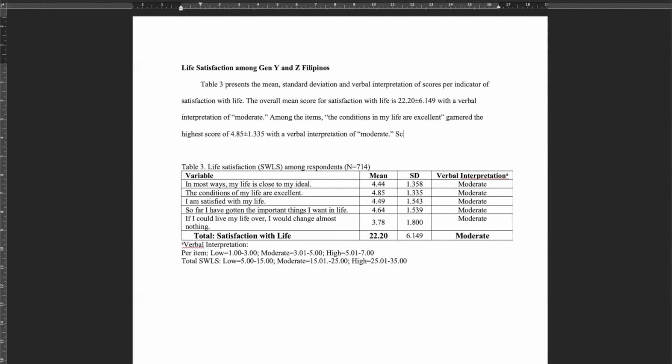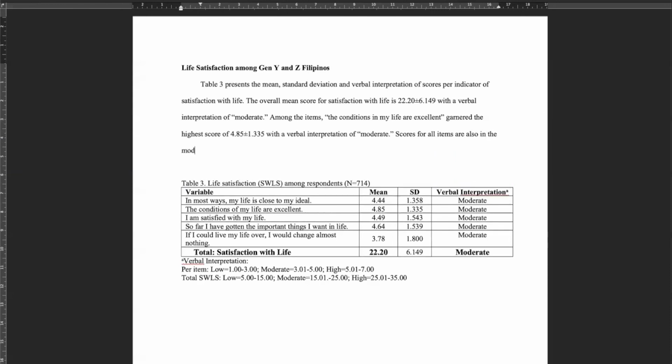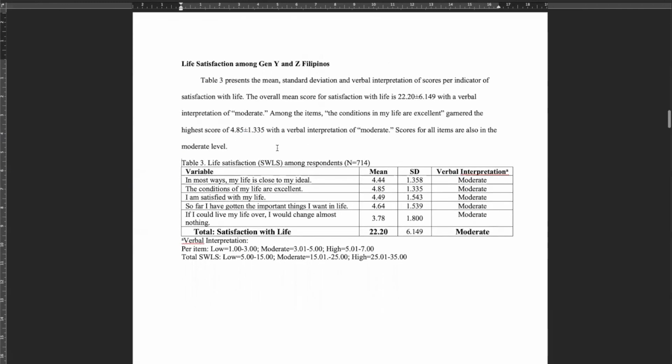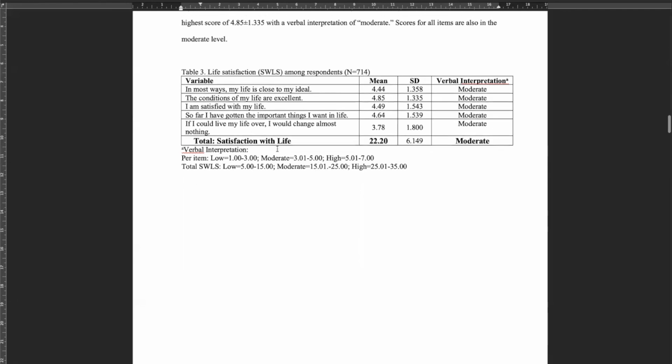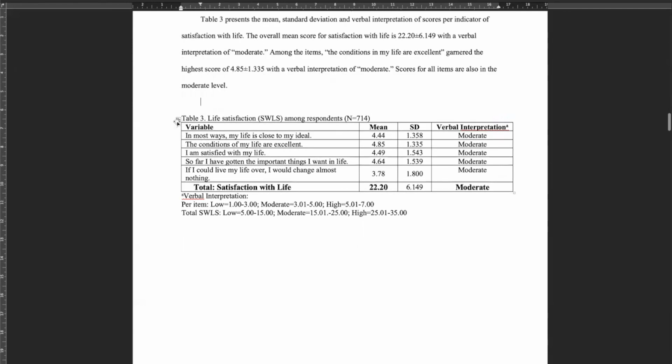All scores for all items are also at the moderate level. And that is what you're going to be submitting as a group for your assignment. Sorry, make this APA style.